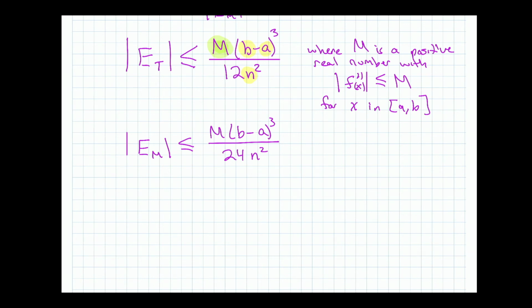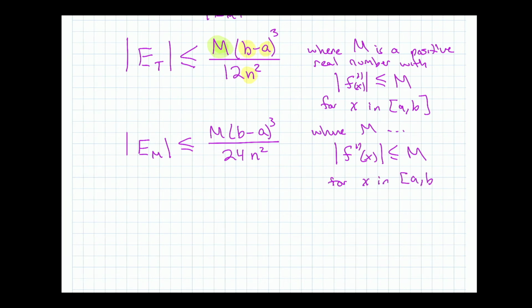So it's just a different constant down there in the denominator, which actually tells you something if you think about it, right? You see that there's a 24 on the bottom there. So that's also where m, f double prime of x less than m for x in AB.